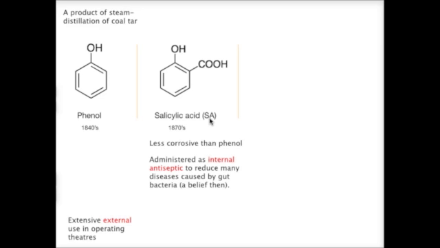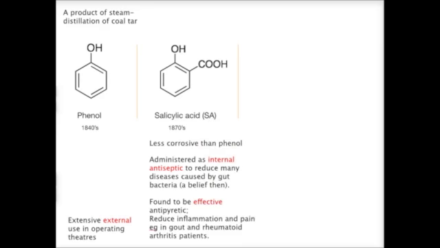And it's also less corrosive than phenol. It was a success because it was found to be effective in reducing fever, therefore it's an effective antibiotic. It was also found to reduce inflammation and pain for arthritic patients.